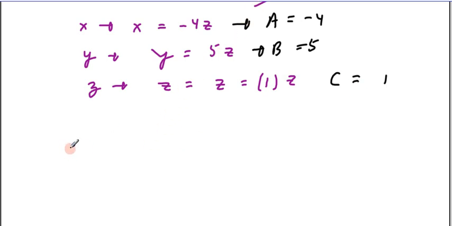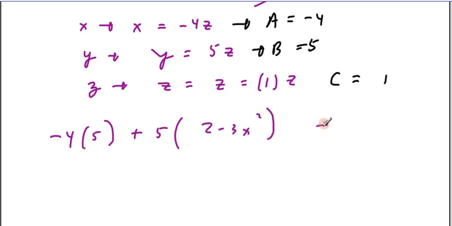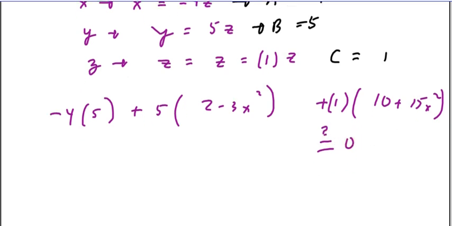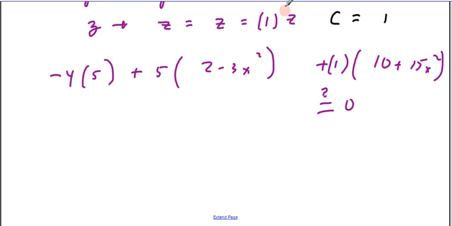Okay, so if that's the case, is minus 4 times 5 plus 5 times 2 minus 3x squared plus 1 times 10 plus 15x squared 0? If it is, then we're all set.